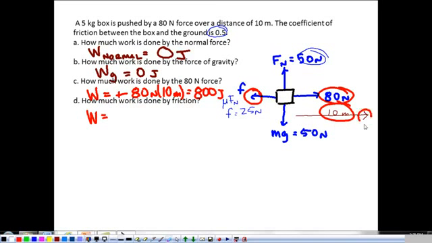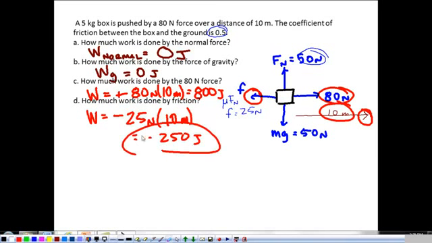My displacement is forward. Friction is hurting my displacement. So the work done by that is going to be negative, and then the magnitude of that force, 25 newtons times 10 meters, or negative 250 joules. So that is the work done by each one of these forces individually.